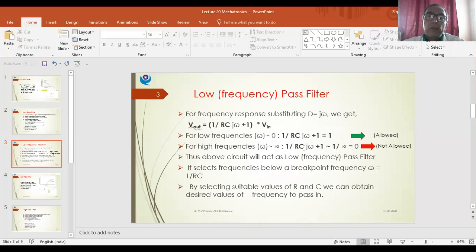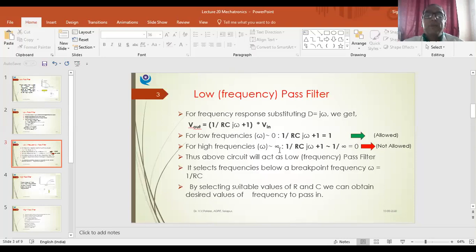So 1 upon this term will be infinity, so infinity plus 1. An infinite number plus 1 is once again an infinite number. Anything added to infinity will be infinity only. So ultimately what I get is 1 upon infinity, which is 0. So this multiple becomes 0, so the output will be 0.